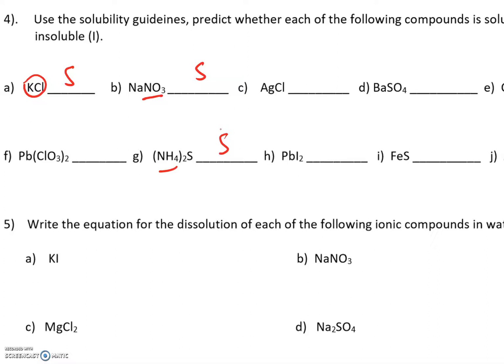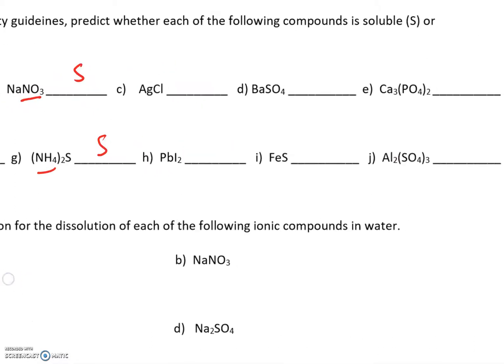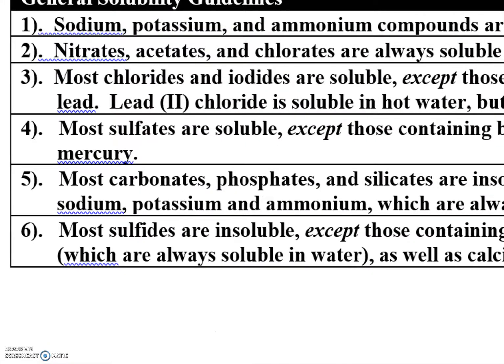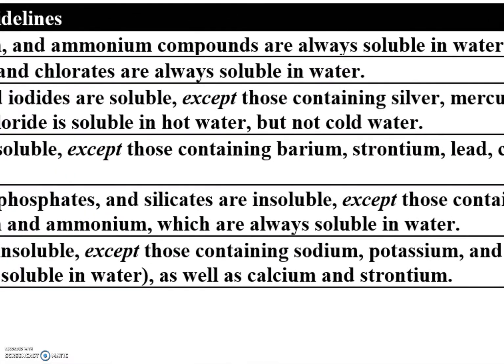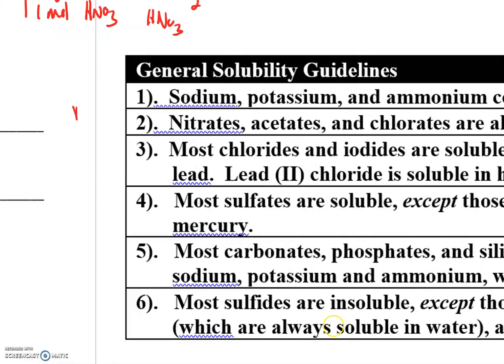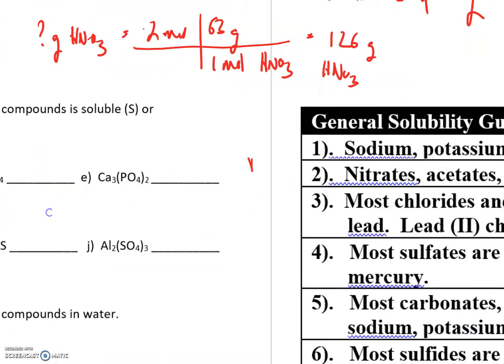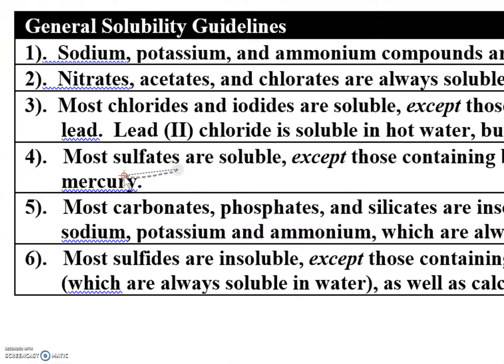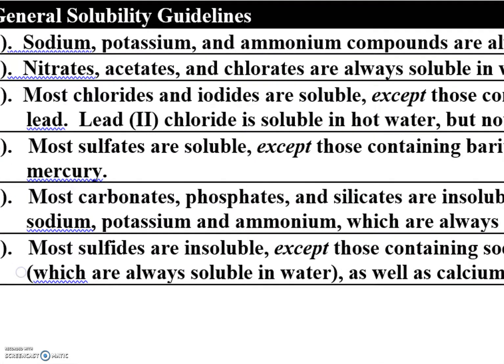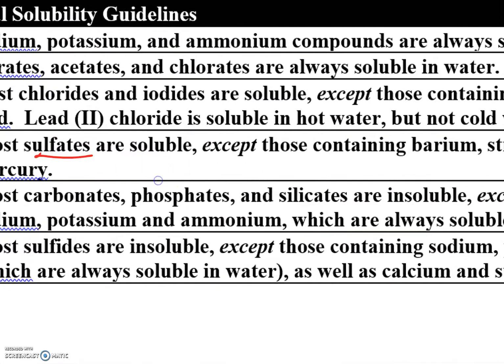Okay. The rest of these are not quite so cut and dry, but they're pretty straightforward. So here is silver chloride. It says that chlorides are soluble unless they contain silver, mercury, and lead. Well, that's silver. So that is insoluble. Okay? Barium sulfate, it says here, most sulfates are soluble unless they contain, ding, ding, ding, barium.